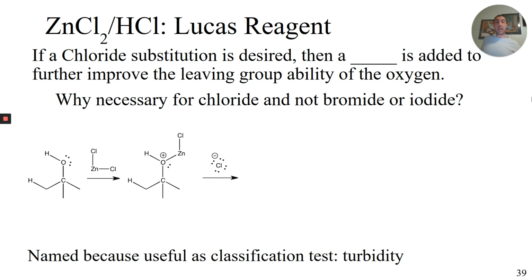The other reason why I address this one is it is often known as a Lucas reagent. And that's because, go figure, somebody discovered it and got to attach their name to it. So why did they attach their name? Just a straight acid substitution doesn't seem like a big deal. Why is adding zinc important?